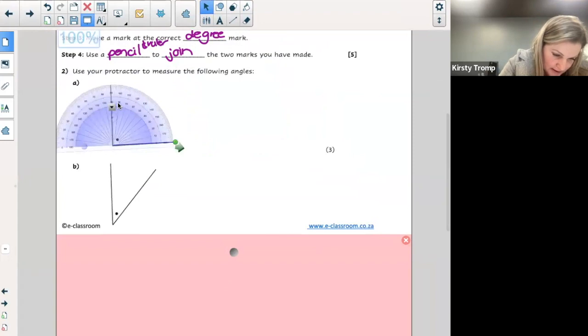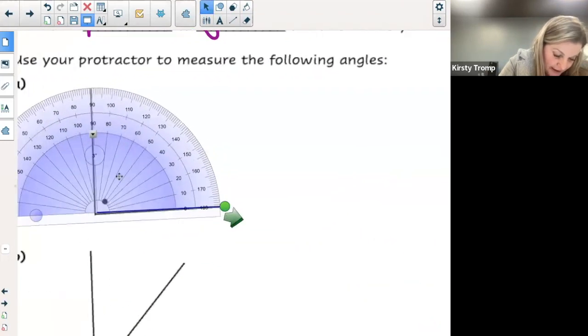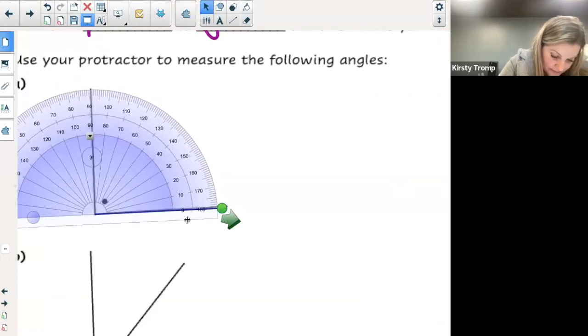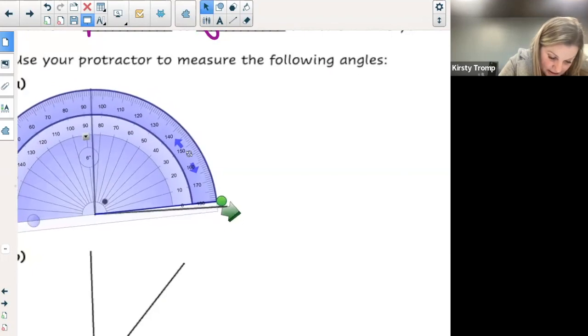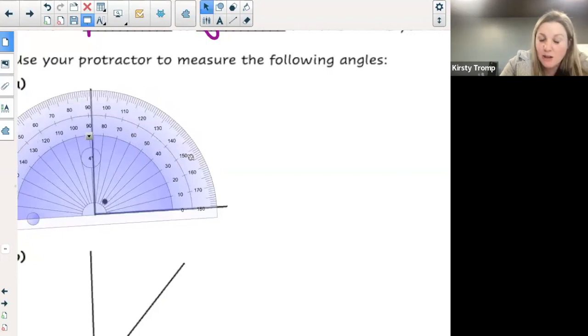All right, now let's zoom into our page. I take my protractor and put it on the vertex. Now I need to make sure the baseline is in line with the angle.